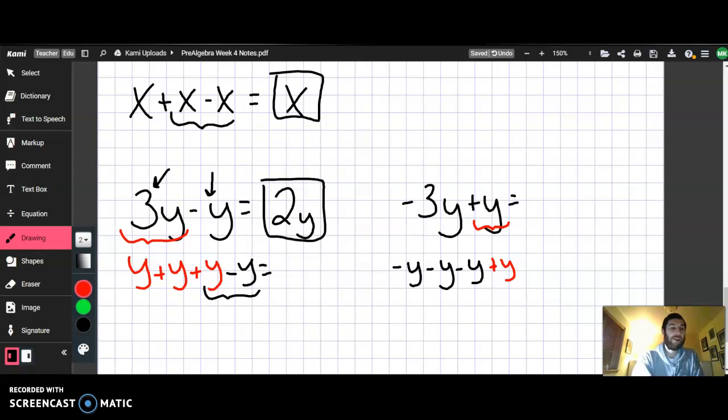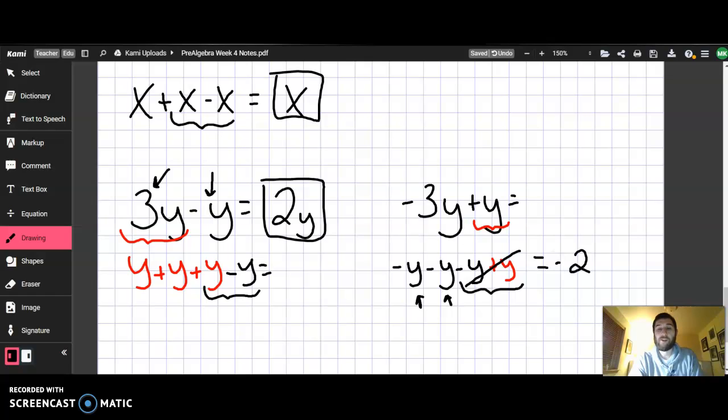So when we go to combine this, when we look at how many y's we're actually working with, a negative is subtraction. Y minus y. Or if we want to read it in order, it's negative y plus y. That's the same thing as just subtracting by itself. That gives us 0. So we're only left with the 2 y's that we're working with that are being subtracted. So we're subtracting 2 y's. Negative 2 times y.